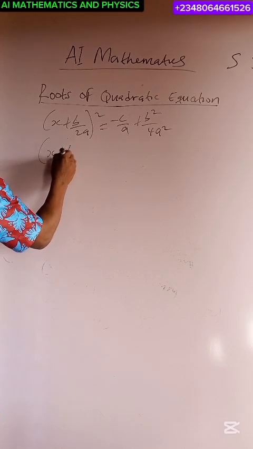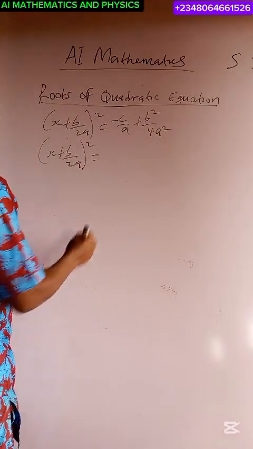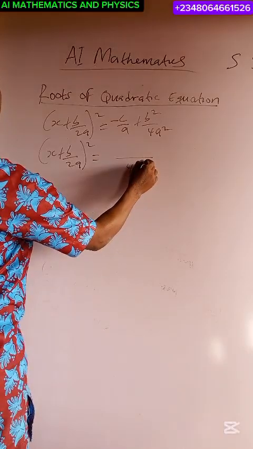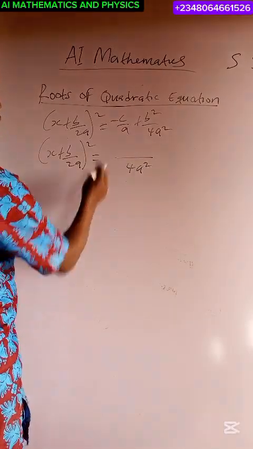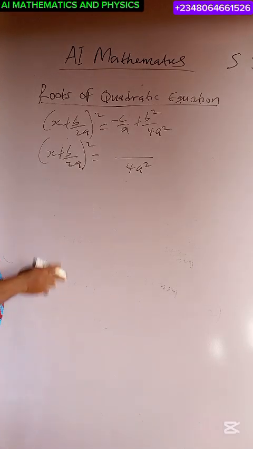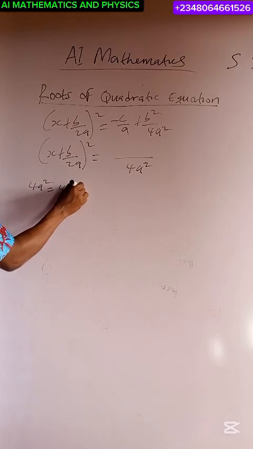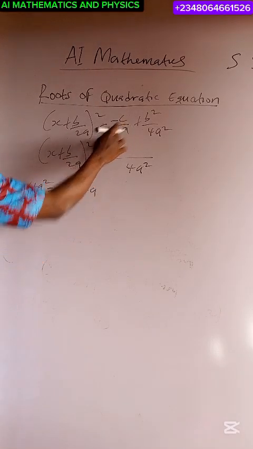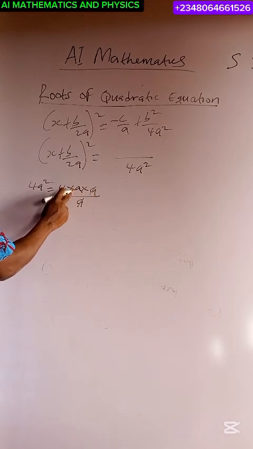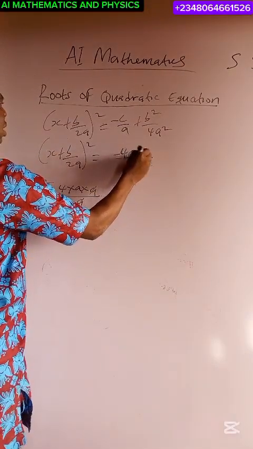x plus b over 2a, squared, will now give us, we find the LCM of this. The LCM of this is 4a squared. Let me tell you how to do it. 4a squared means 4 times a times a. Divide this by a, that's 4a. 4a times minus c, that's minus 4ac.